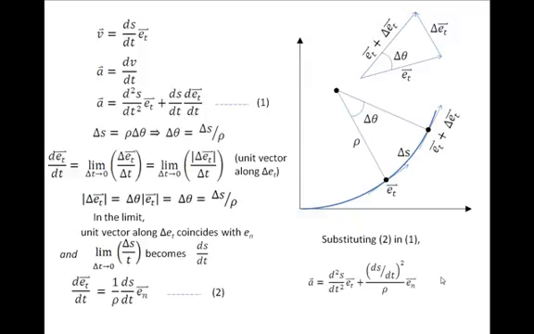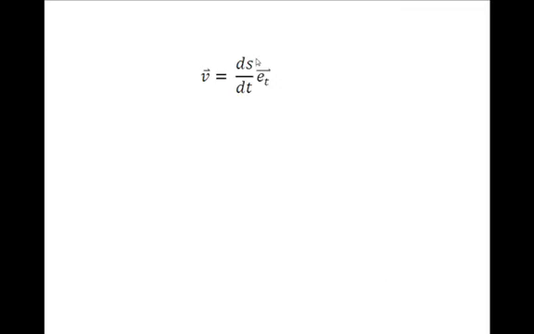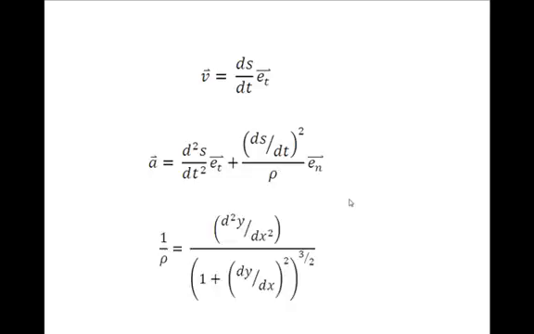Now, for the remaining problem solutions in the other videos, we are going to use these three equations: v is equal to ds by dt et; a is equal to d square s by dt square et plus (ds by dt) whole square upon rho en; and 1 by rho, that is the radius of curvature of any curve, is given by d square y by dx square upon (1 plus (dy by dx) whole square) to the power 3 by 2.